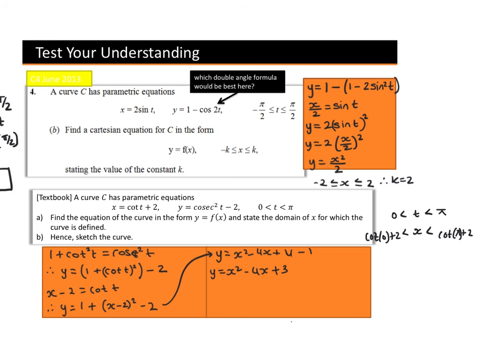If you were to sketch this, okay, what would happen? If you were to sketch cot, you know it's going to look like this. Oh, this is terrible sketching. We're going to have our asymptotes, okay? And with the plus 2, we're only going to move it up slightly.